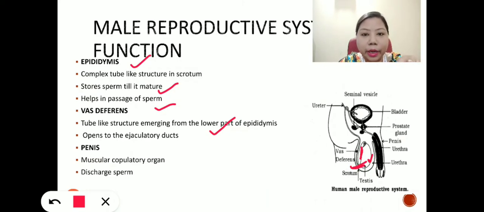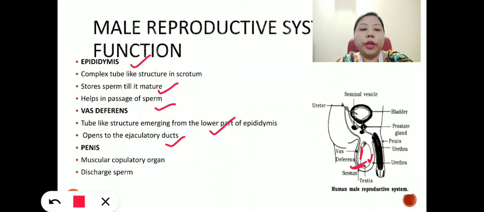Wherever the epididymis ends, it will begin from there, and its main function is to bring the sperm from the epididymis and take it towards the penis. It is the opening to the ejaculatory ducts. So the vas deferens will be carrying it towards the penis, and then the sperm will be ejected.